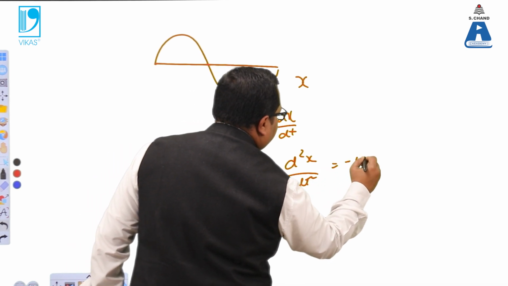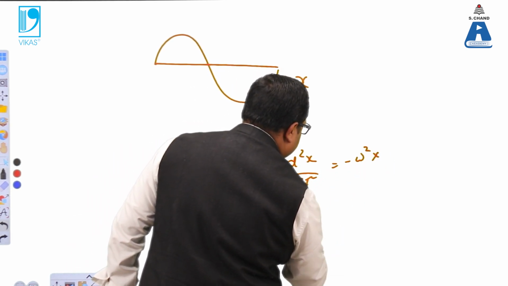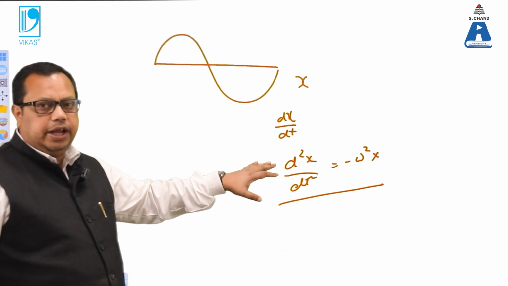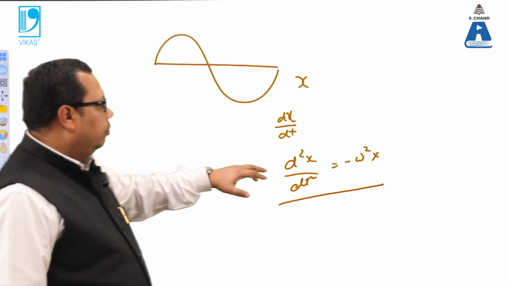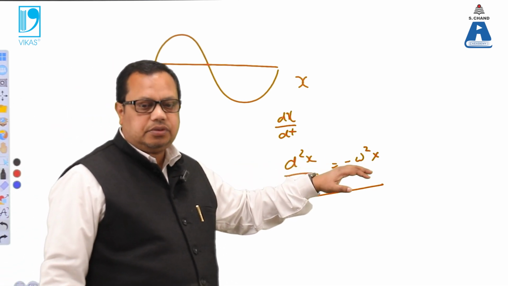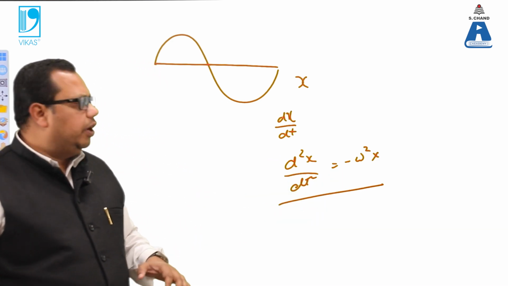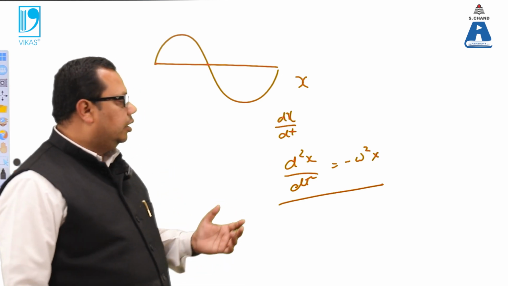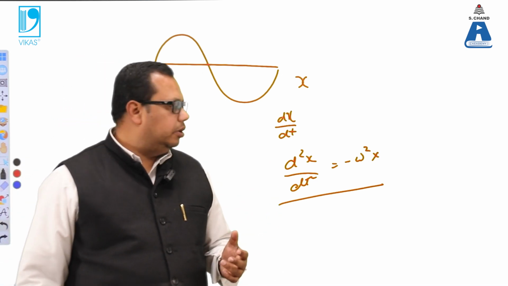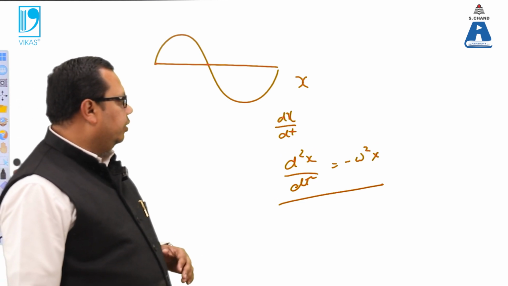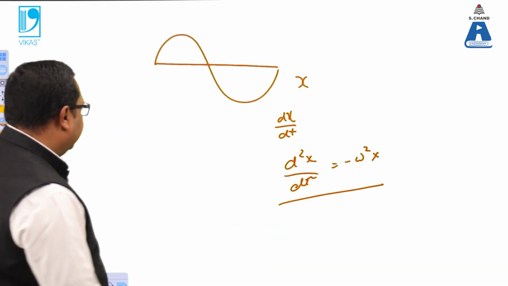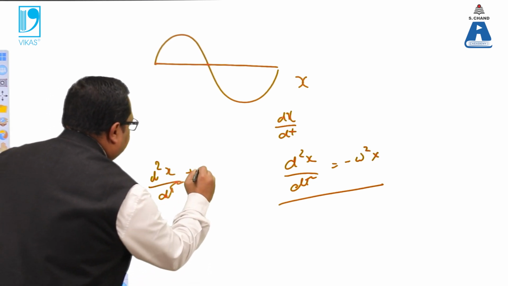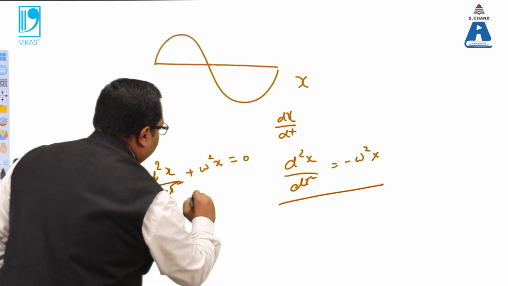In a very simple analysis, this can also be the analysis of the wave equation, where we can say that d2x/dt² = minus omega² x. If we take any particular wave equation which has a periodic motion or periodic vibration, or which follows simple harmonic motion, we can see that d2x/dt² = minus omega² x, and then d2x/dt² plus omega² x = 0.